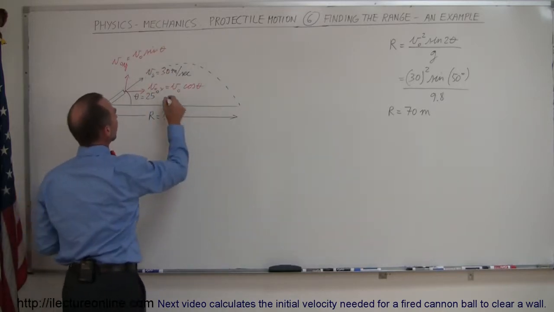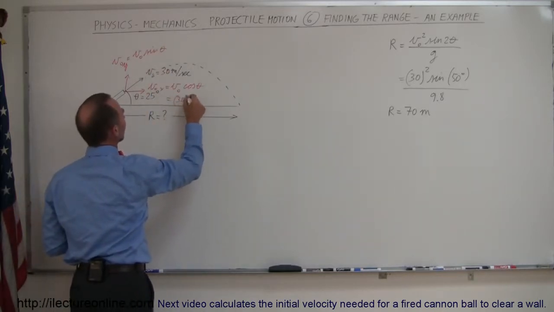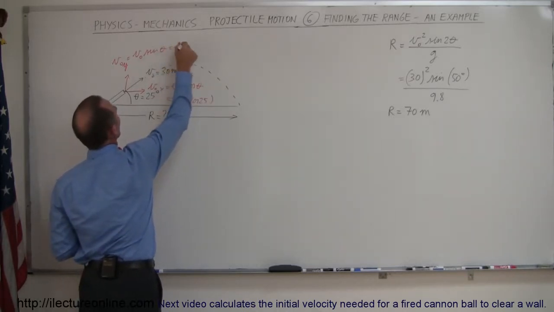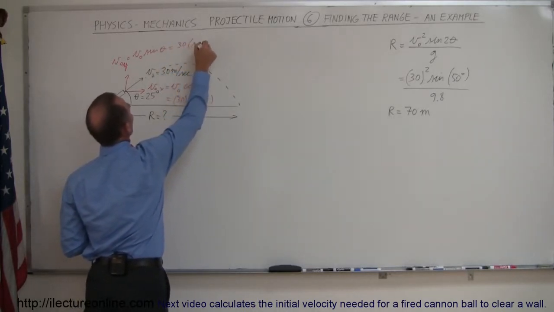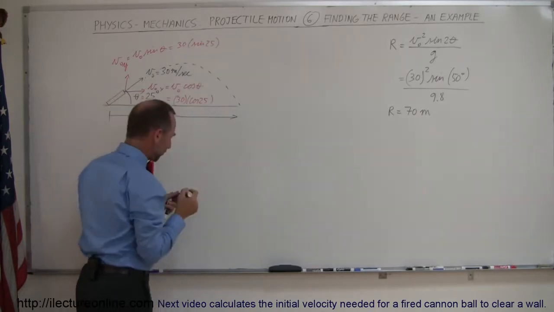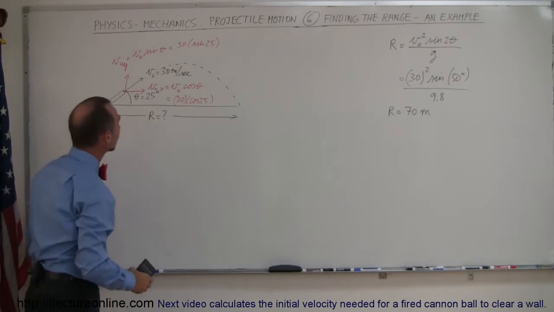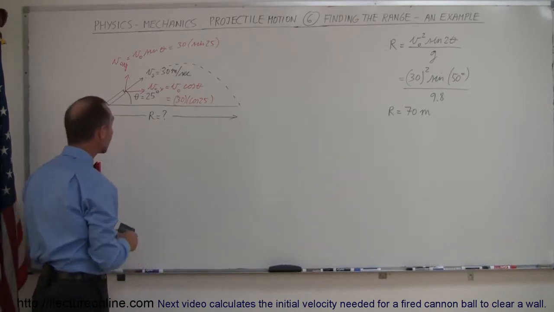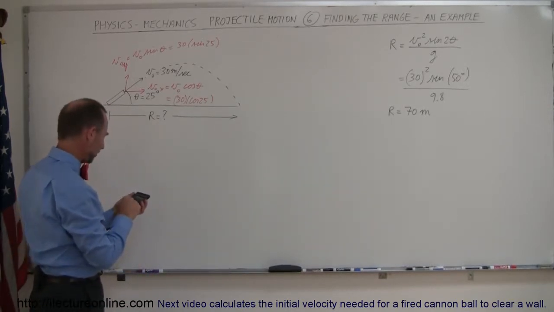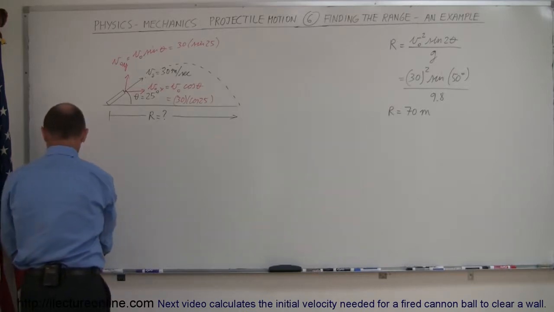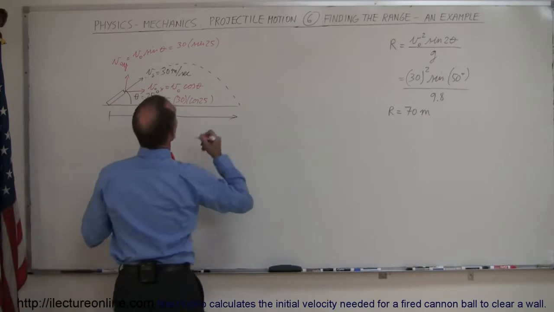So in this case, v initial in the x direction would be 30 times the cosine of 25. And here in the y direction that would be 30 times the sine of 25. Notice I left off the units. It's a little faster and a little cleaner. So let's go ahead and see what the answer is here. We have 25, take the sine and multiply it times 30, and we have 12.68.